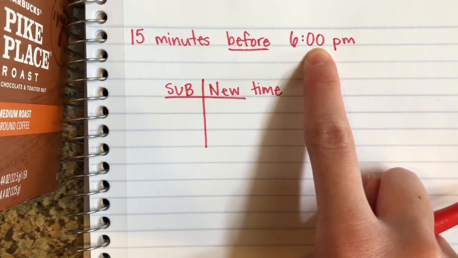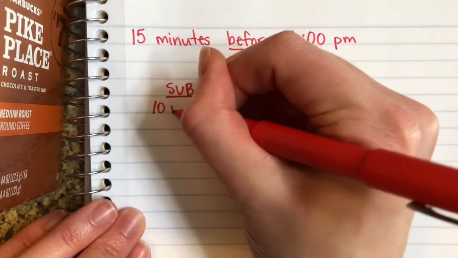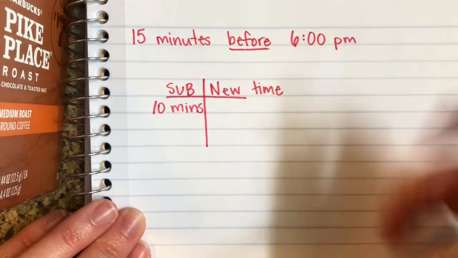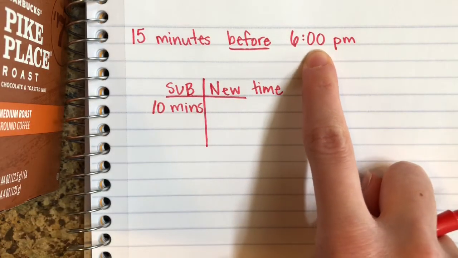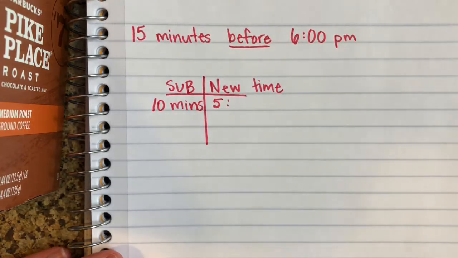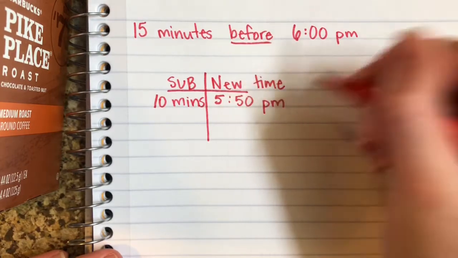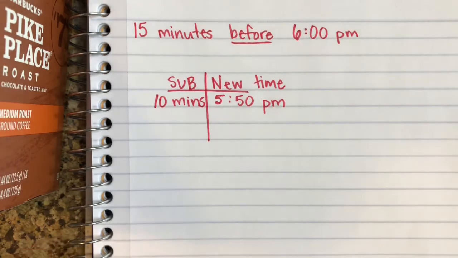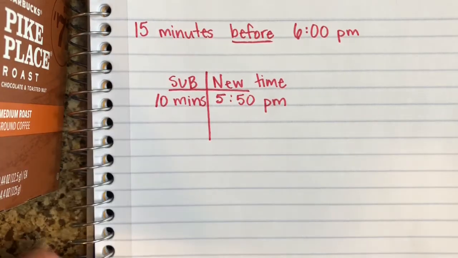And then we are going to start with just taking 10 minutes away first. We take 10 minutes away from our 6 p.m. We are going back in time 10 minutes, so we are in the 5 o'clock hour, and we would be at 5:50 p.m. So far we've only taken 10 minutes away. We need to take 15 minutes away.